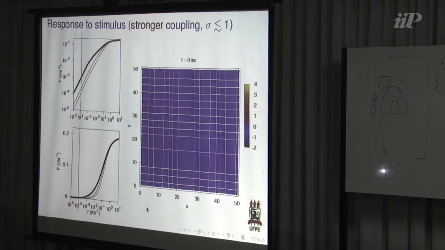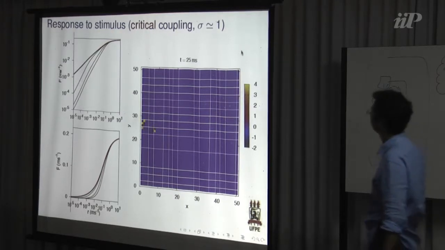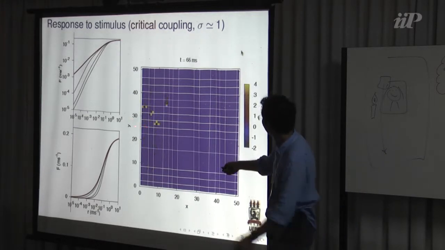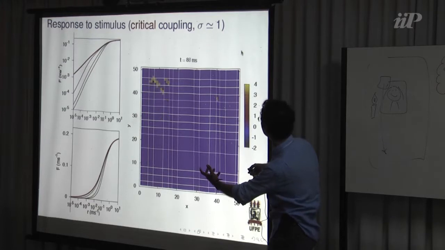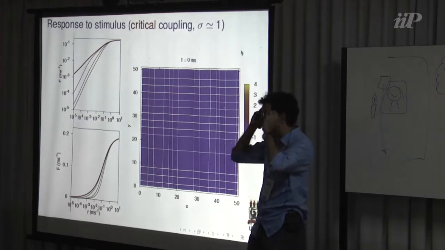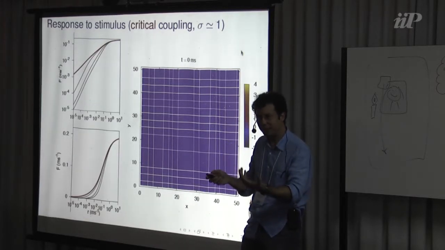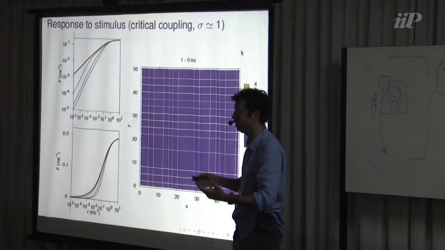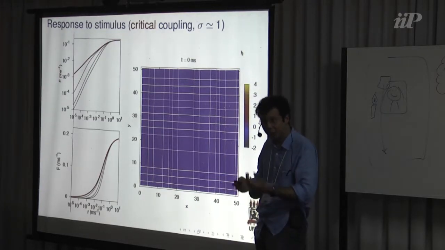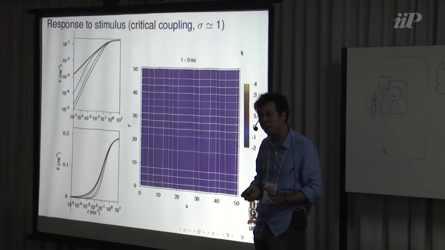Okay, now it creates one spike here, one stimulus, and another one here. It's propagating, and we don't know whether that wave is going to die or not. Well, precisely, it is at the critical point, so it's on the verge of dying and not dying. And you expect strange things at this point.